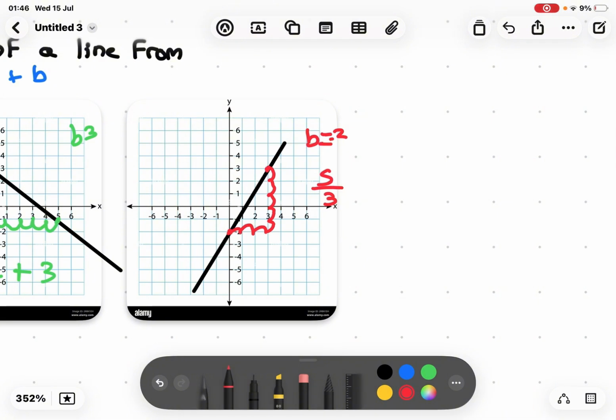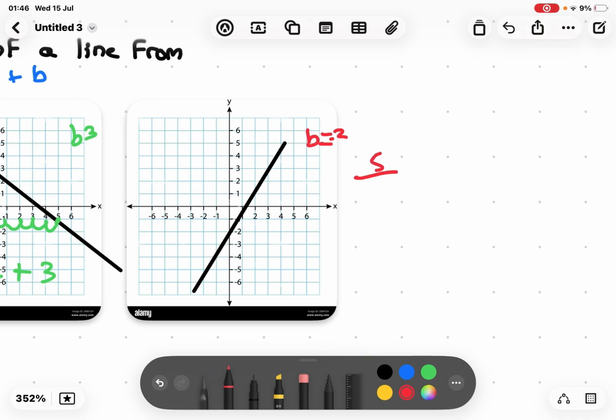One second, I'm just trying to realize if I did this one right. Okay, just to double check if I've done it right. 3 over, no, what was it?